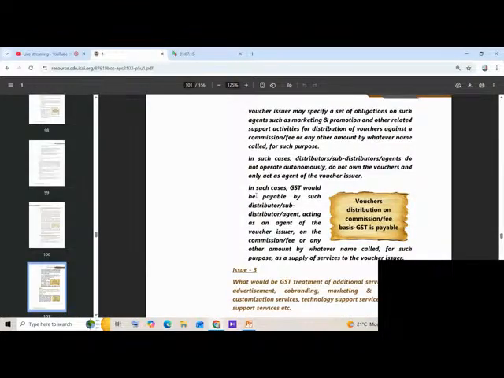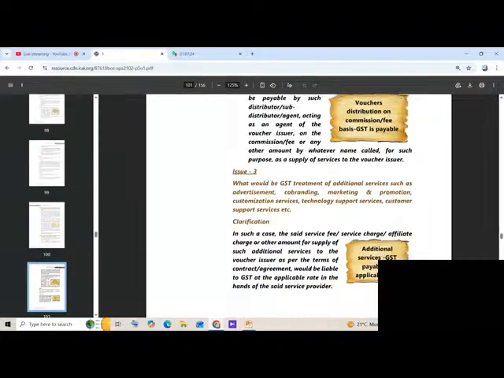In such cases, distributors, sub-distributors and agents do not operate autonomously, do not own the vouchers, and only act as agents of the voucher issuer. In such cases, GST would be payable by such distributor or sub-distributor or agent, acting as an agent of the voucher issuer, on the commission, fee or any other amount by whatever name called for such purpose, as a supply of services to the voucher issuer.